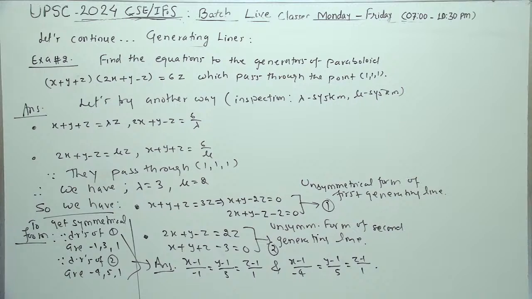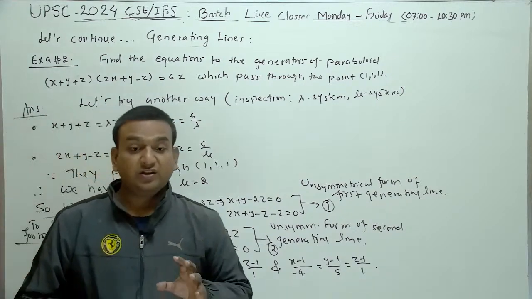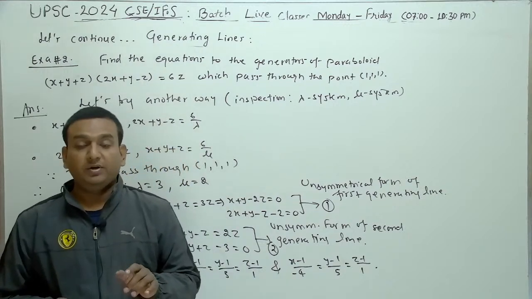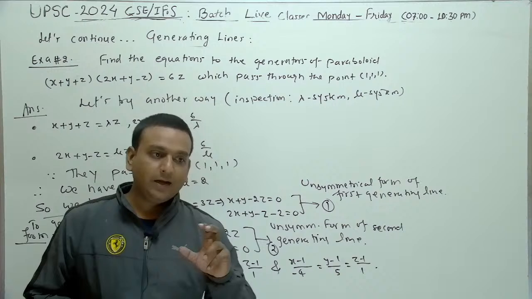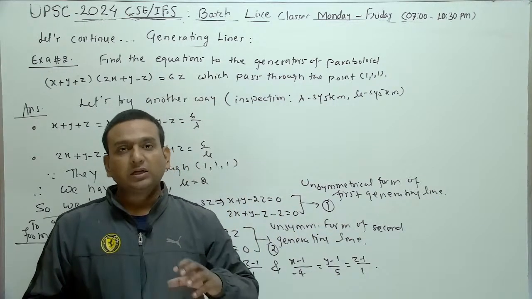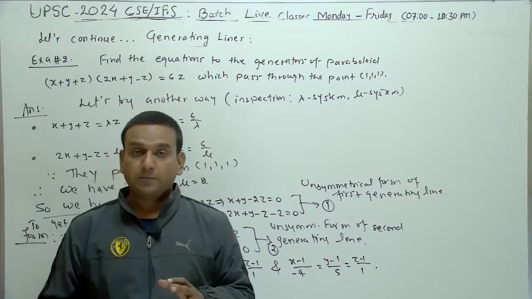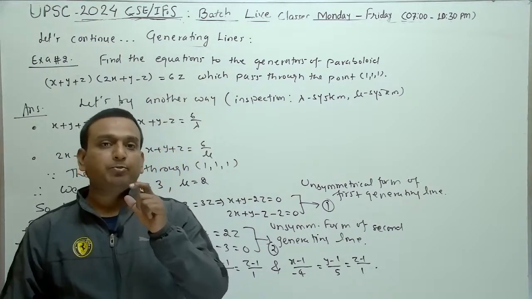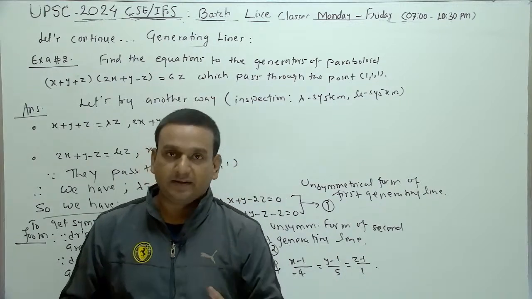Okay, dears. So what I would suggest is here for the generating lines. We don't go because we have further plans. For the generating lines, the previous lecture and this lecture gives you enough information. Enough, I am saying. Clear? The book which I have provided you, in that different examples are added.